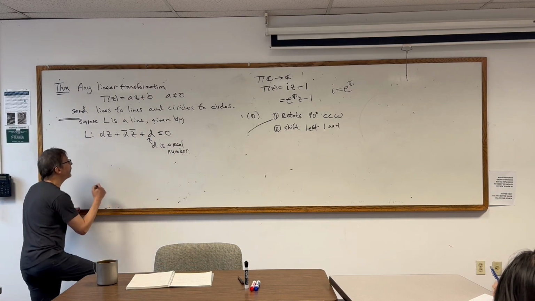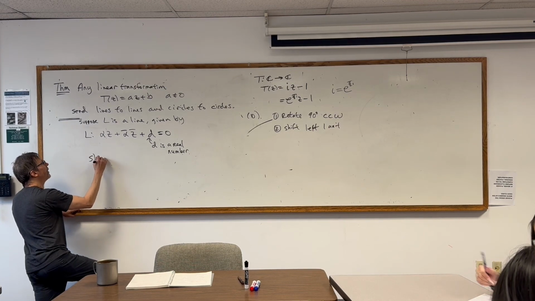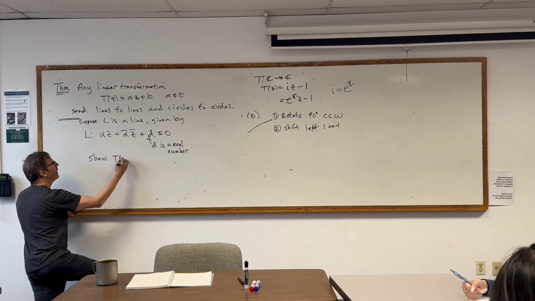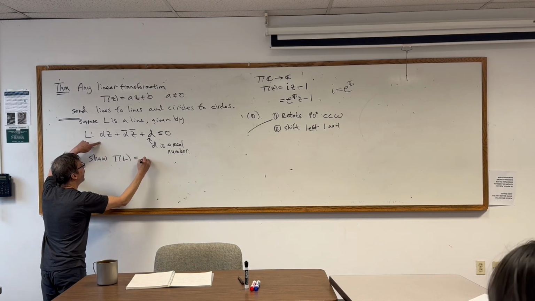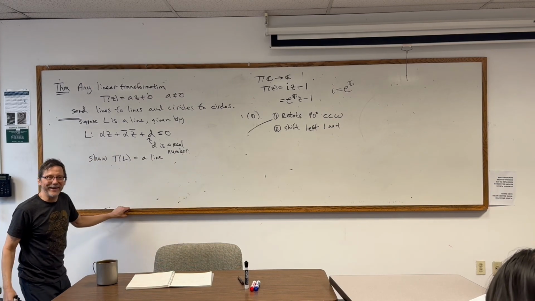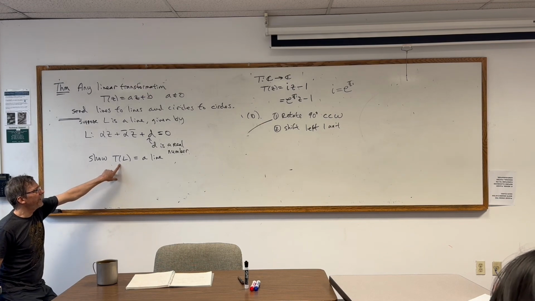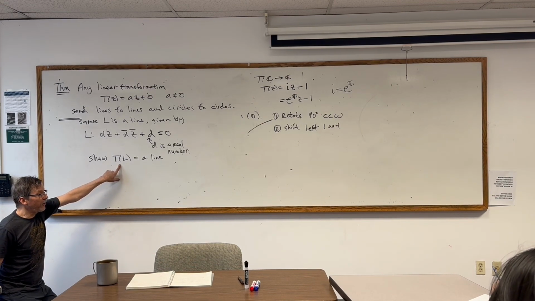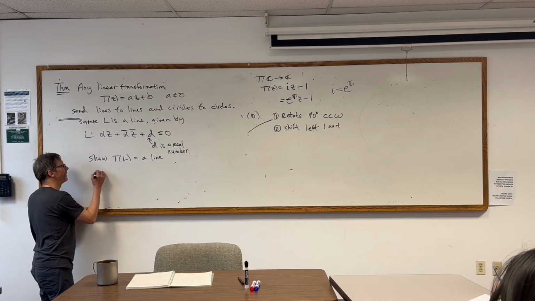So what we want to do is show that T of this line equals a line. I'm just going to abuse notation here a little bit. What I'm going to show is that any point in T of L is actually on a line equation of its own. What do I mean by this?